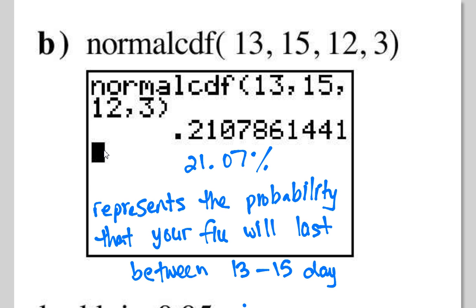That's the whole point of these statistical analyses, to understand, okay, so what are the chances of this happening? There's about a 20% chance that your flu is gonna last 13 to 15 days.